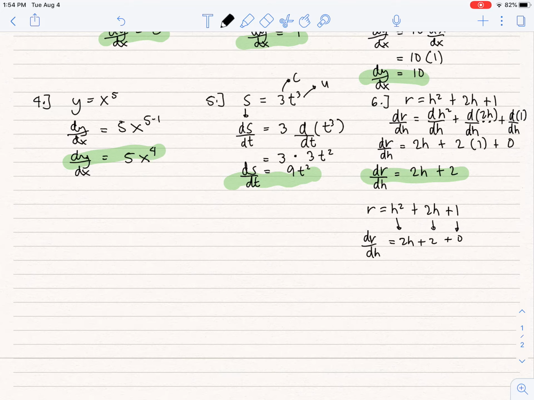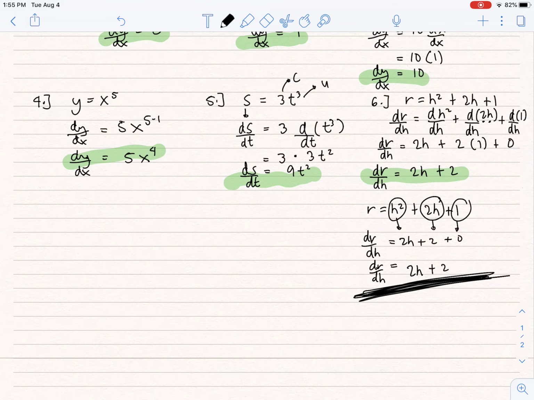Okay? So pwede na dili mo agi aning taas na process, di ba? So kumbaga ato na lang i-derive. The derivative of that is 2h. The derivative of this is 2 because the derivative of h is 1, and 2 multiplied by 1 is 2. The derivative of a constant is always going to be 0. So therefore, dr over dh is equals to 2h plus 2. So, pag mag-quiz ta or mag-assignment ko sa inyo, pwede na kanang process ang atong gamiton para ma-shorten ang process. Okay?